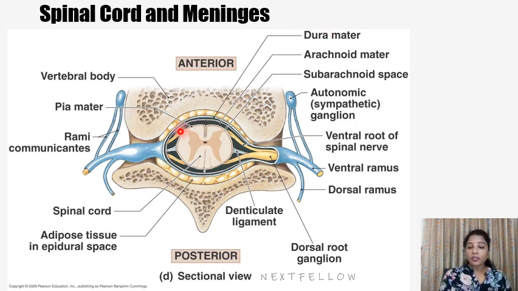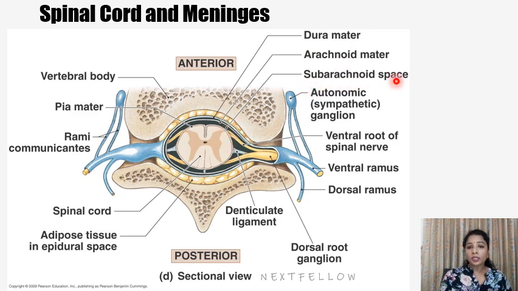Next, about the arachnoid mater. The arachnoid mater is a thin avascular membrane, not having blood vessels, which is continuous above with the arachnoid mater of the brain and below extends till the level of the second sacral vertebra, S2. Then about the subarachnoid space. The subarachnoid space is the gap between the arachnoid mater and the pia mater.